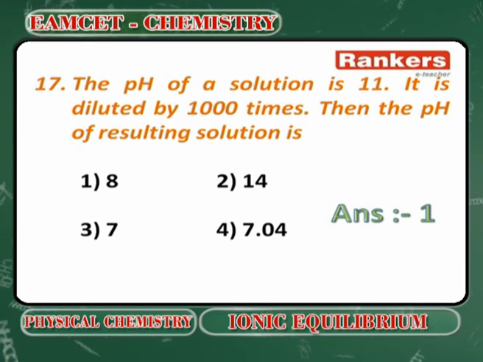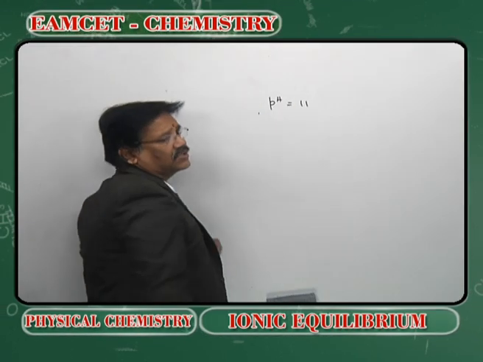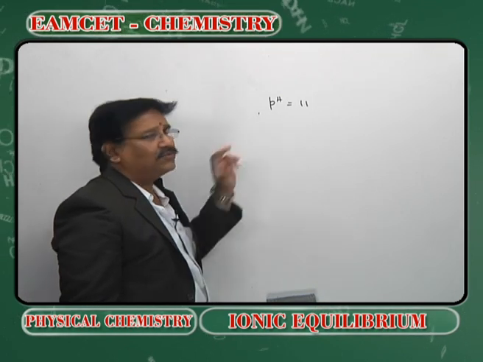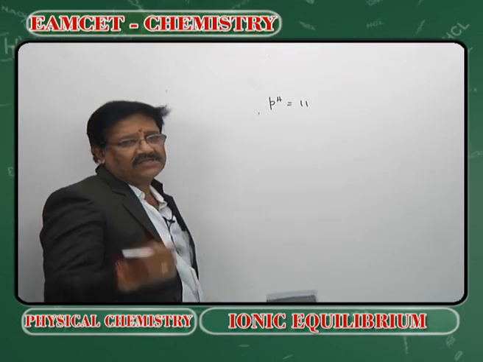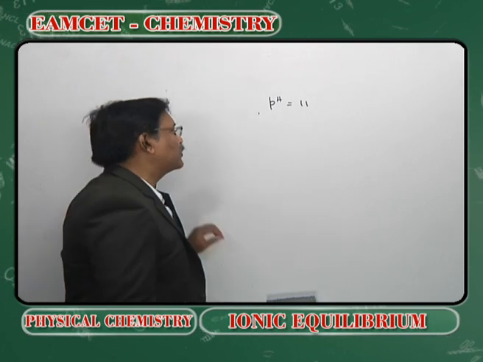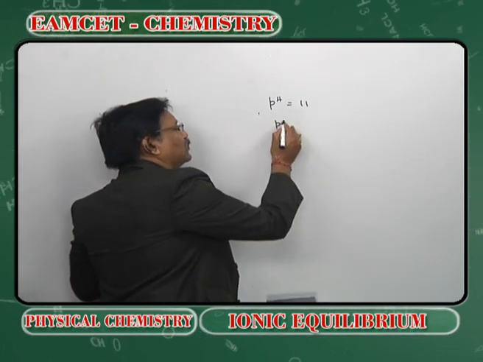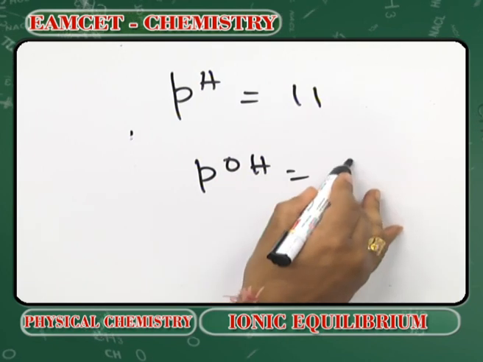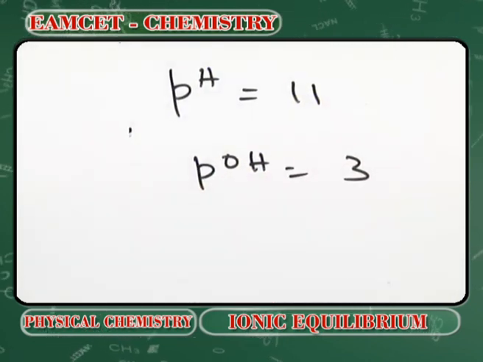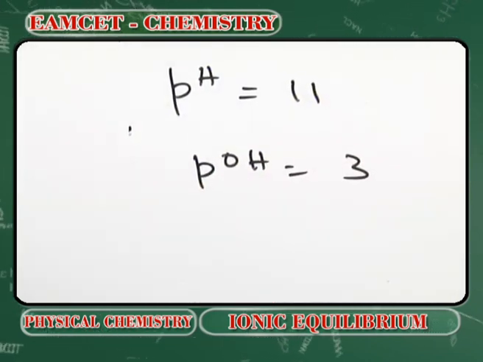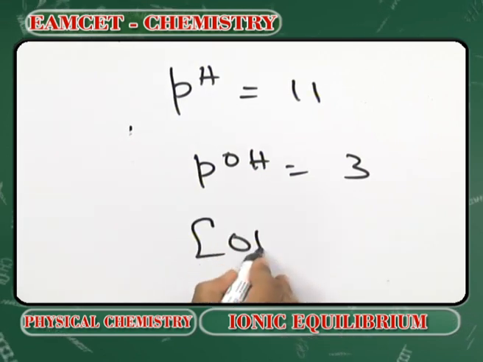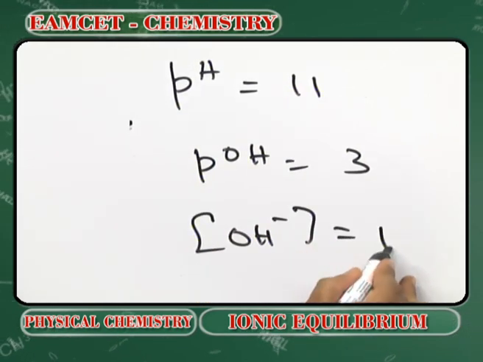The pH of a solution is 11. It is diluted by 1000 times. Then what is the pH of the resulting solution? pH equal to 11 implies it is a basic solution. So when it is diluted, the OH minus ion concentration gets diluted. What is the pOH value? 3. That is, the OH minus ion concentration is 10 to the power of minus 3.